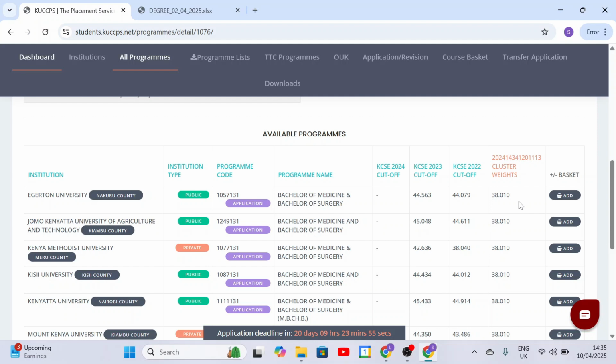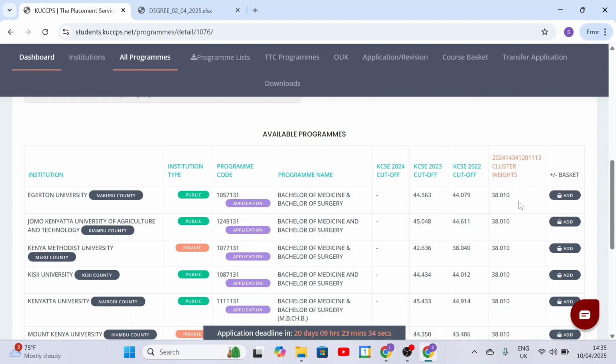This cluster weight is specific to this course or to this line of courses. So for all courses that are dealing with health sciences, let's call this candidate X, candidate X has this cluster weight in the medicine courses. We shall see how this will change when we go to law, for instance.